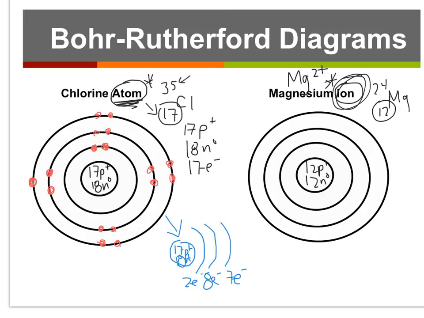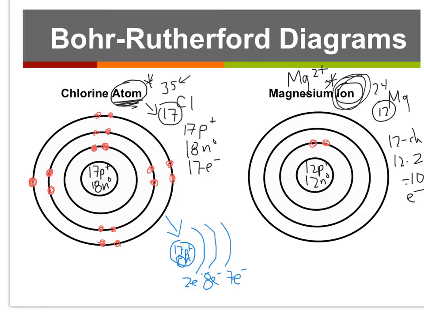So to get the number of electrons, what you need to do is take your atomic number minus the charge. So in this case, we're going to do 12 minus 2, which gives us 10 electrons. So we need to put 10 electrons for our diagram here.